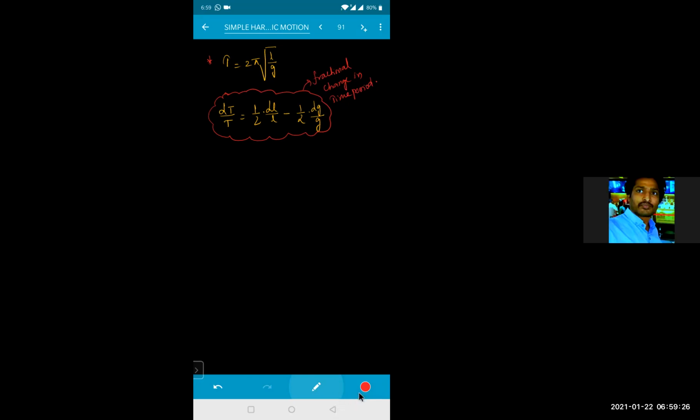Like, for example, if there is a 4% change in G, then I can write dT by T into 100 will be equal to minus half into dG by G into 100.